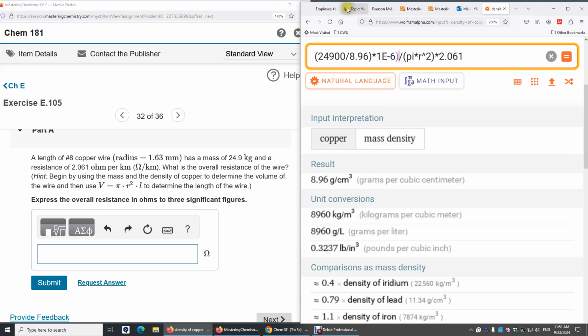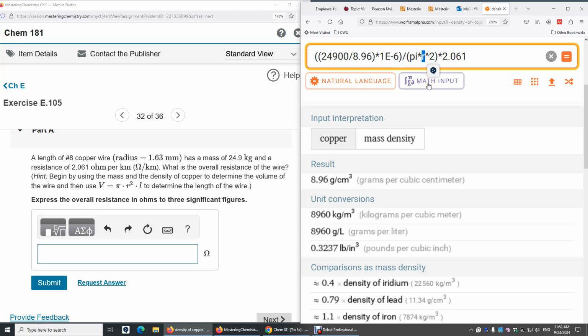Now we convert it to cubic meters. Why? Because each centimeter is 0.01 meter, and 1 cubic centimeter is therefore 10 to the power of -6 cubic meters.